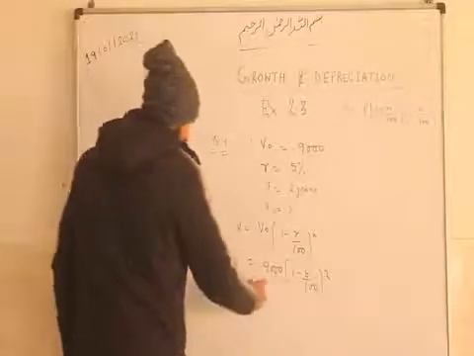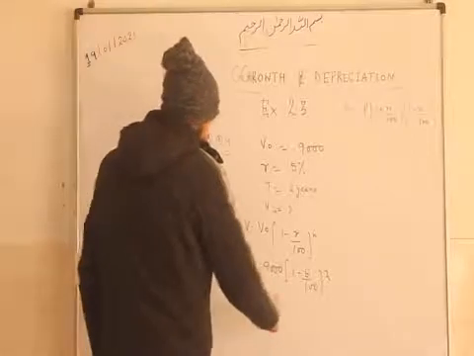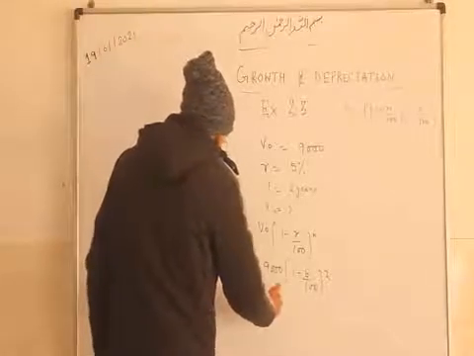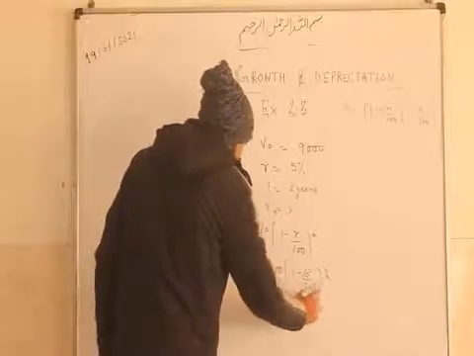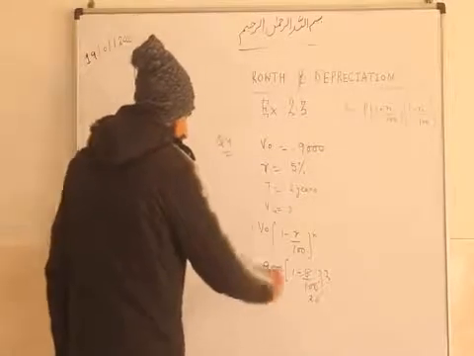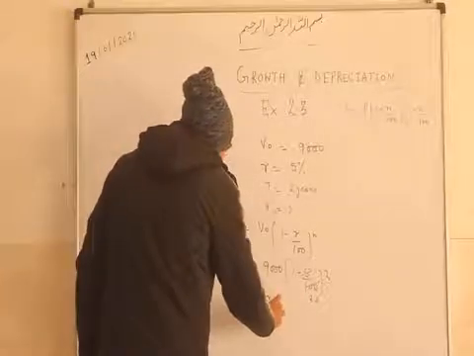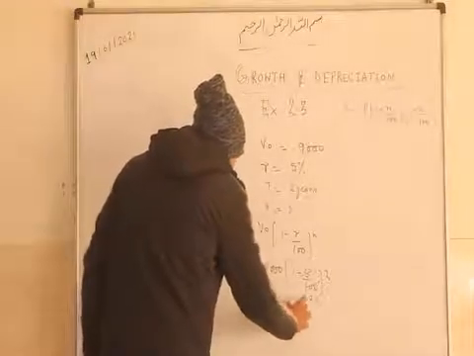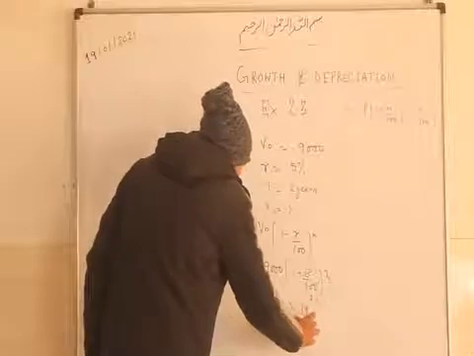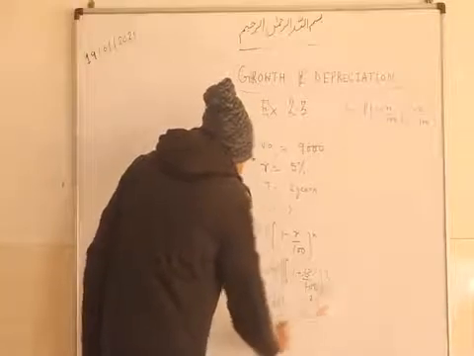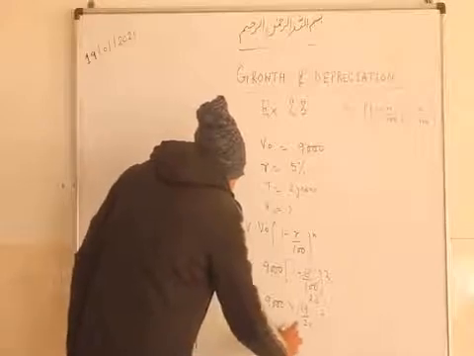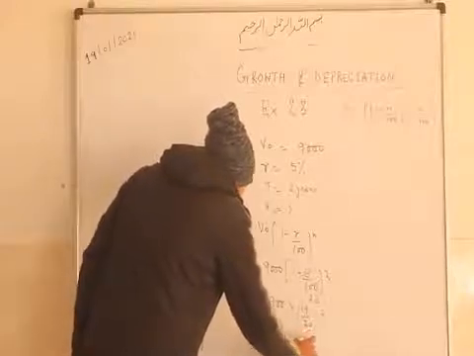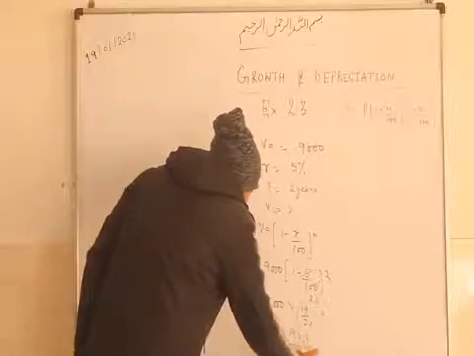So here we can solve this. 5 ones are 5, 5 twos are 10, 20, and taking the LCM, it will be 9,000 into (19 by 20) whole square. So it will be 9,000 into 19 into 19 divided by 20 into 20.